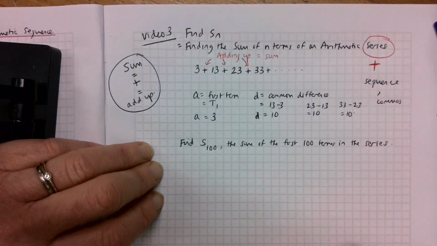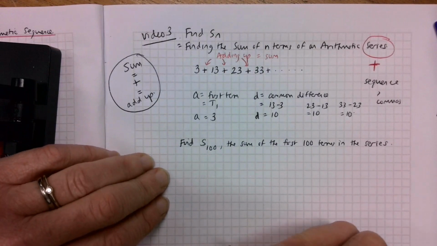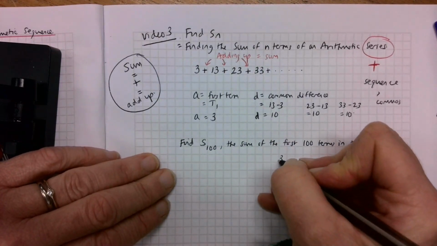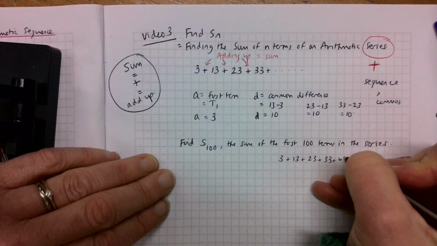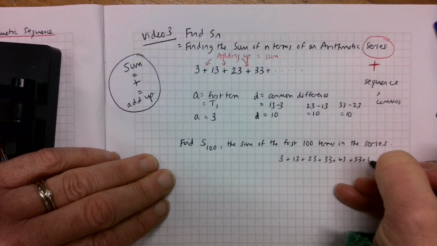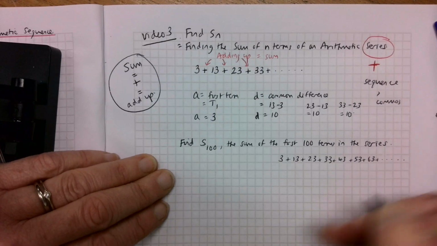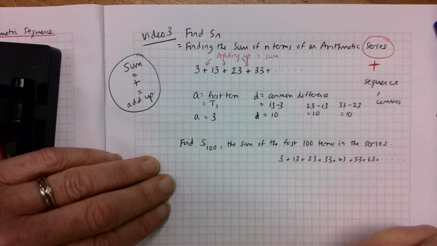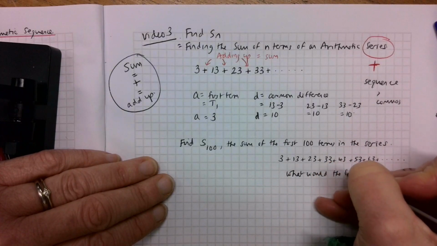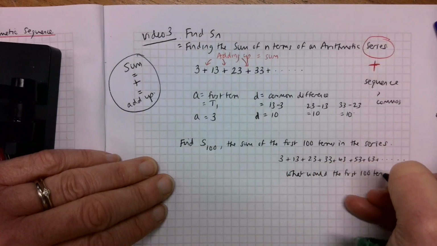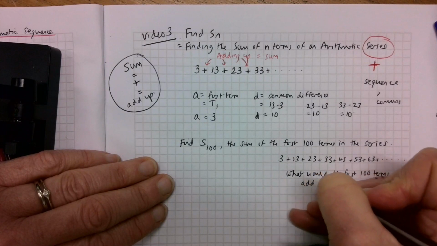Okay, something like this. Find S100. That means if I was to write down the first 100 terms of this series and add them all up, or do that on my calculator, what would they add up to? What would the first 100 terms add up to?